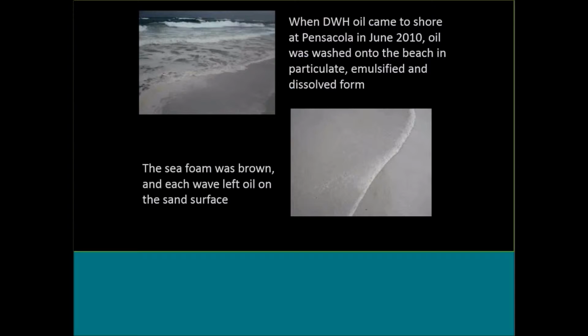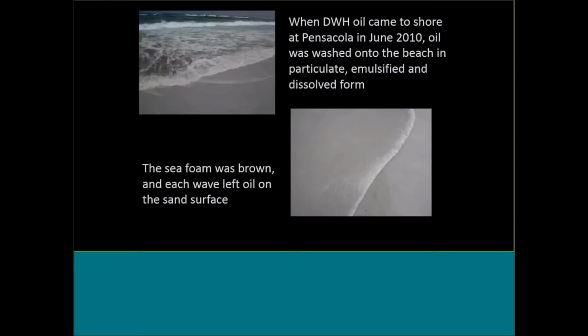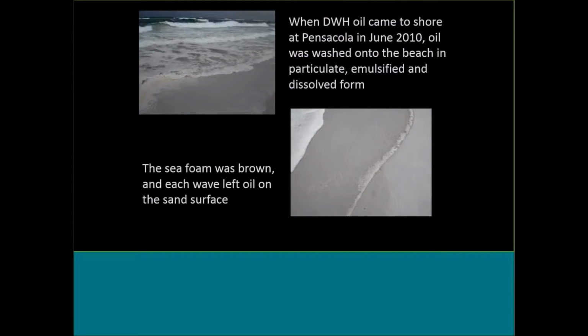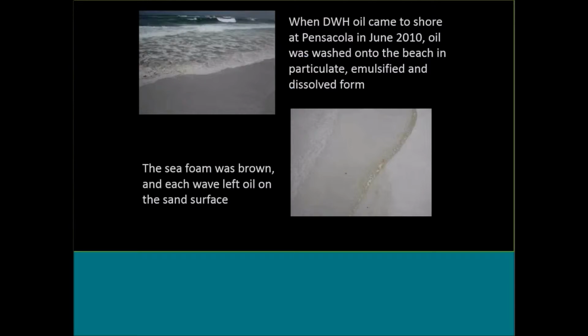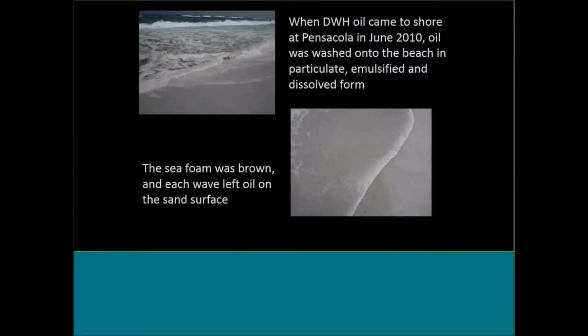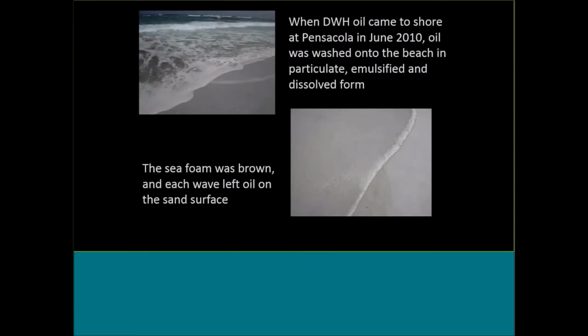I bring in this picture and video because it points out something that is hardly mentioned at all, that a lot of dispersed oil came to shore. It came as big mousse, as globs, as SRB, tar balls, whatever you want to call them. But what you also see is that this foam is not white as it should be.